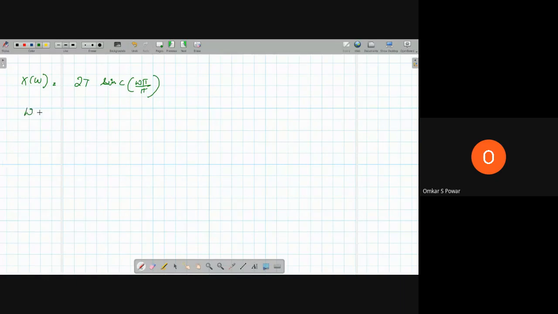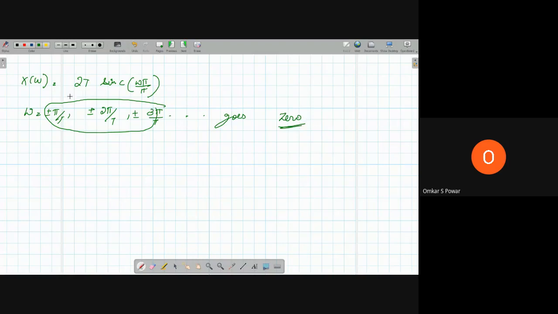At omega equal to plus or minus pi by t, plus or minus 2 pi by t, and plus or minus 3 pi by t, this function goes to 0. Okay. At these values of omega, it goes to 0.